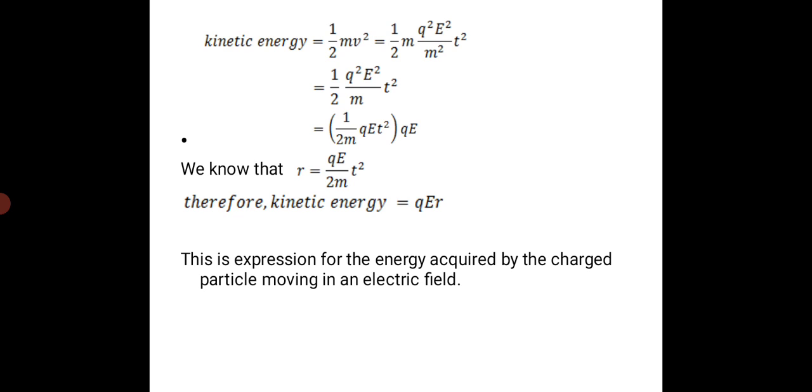Then the equation reduces to half m into qE t square into qE by m. Therefore, we know that r is equal to qE divided by 2m into t square. Therefore, kinetic energy is equal to qEr. This is the expression for the energy acquired by the charged particle moving in an electric field.